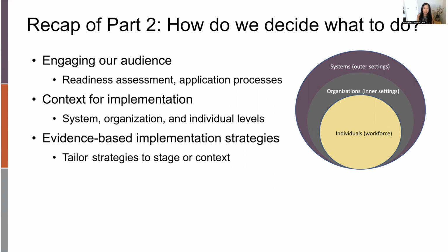We also offered that it is important to think about the context at multiple levels, from the individual level to organizational and systems level, and think about all the different variables that can impact implementation. And finally, we offered some evidence-based implementation strategies and talked about how important it is to tailor the strategies to the stage or the context in which your TA center is operating.